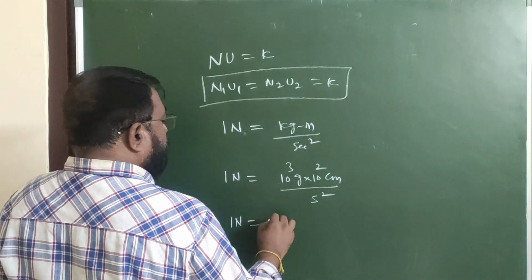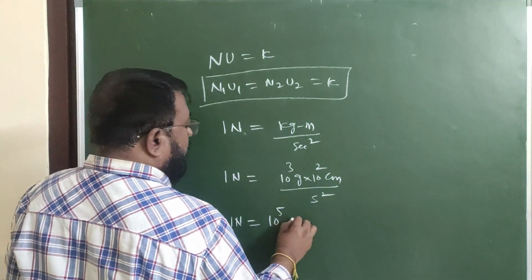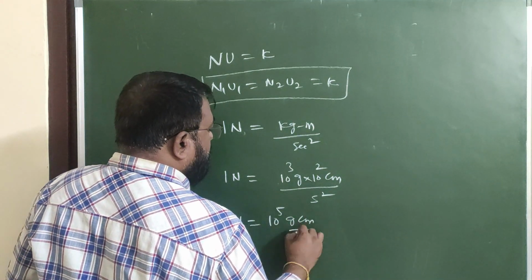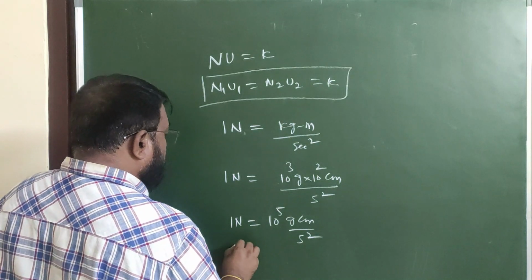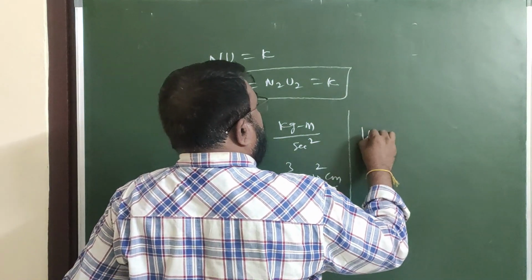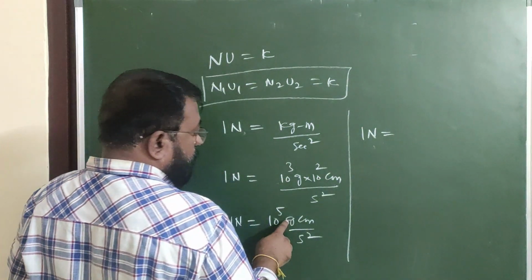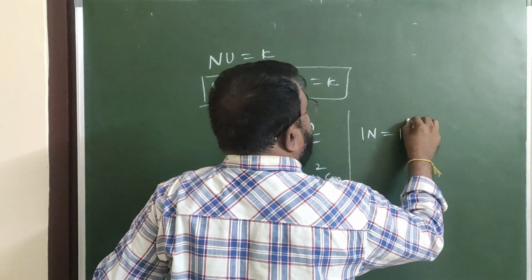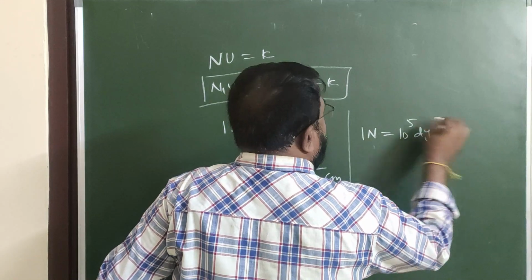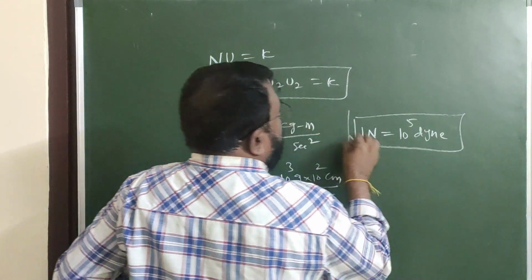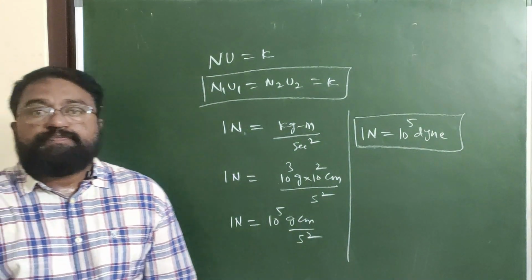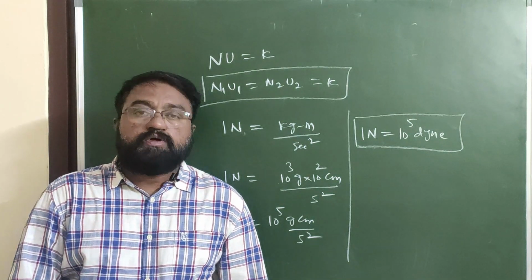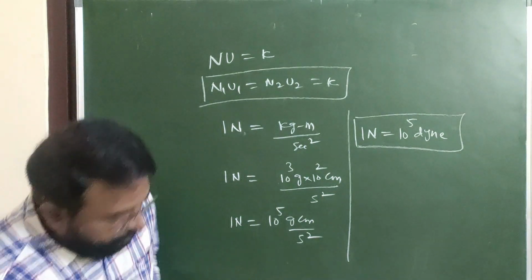Therefore, 1 Newton is equal to 10 to the power of 5 gram centimeter per second square. Gram centimeter per second square is dyne. Therefore, this becomes 10 to the power of 5 dyne. Like this, we can convert one system of units into another system.